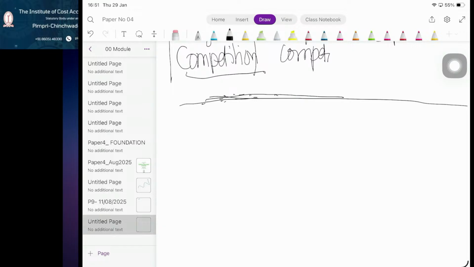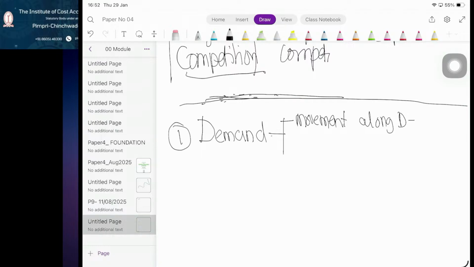When we started, we discussed demand, and after discussing demand, we saw movement along the demand curve, and we saw shift in the demand curve, that is increase and decrease, and contraction and extension of demand.